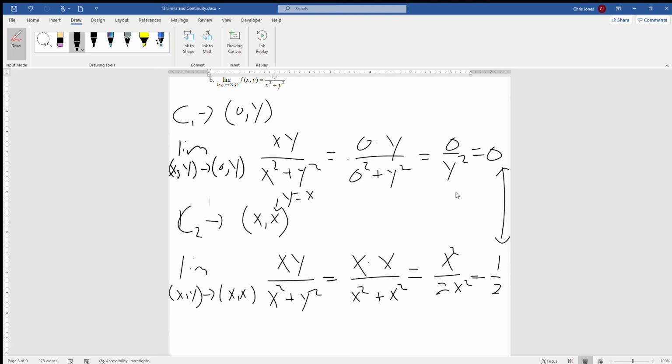You have to use trial and error to be able to arrive at the solution, or at least the right path, to where the two limits are not equal.